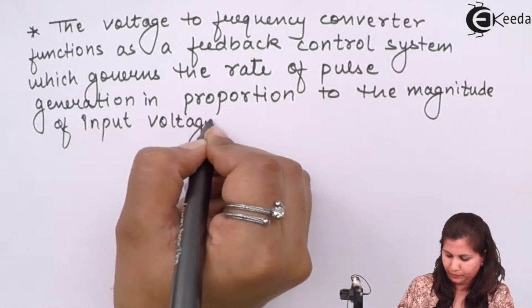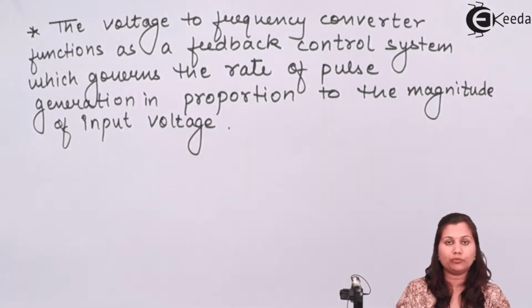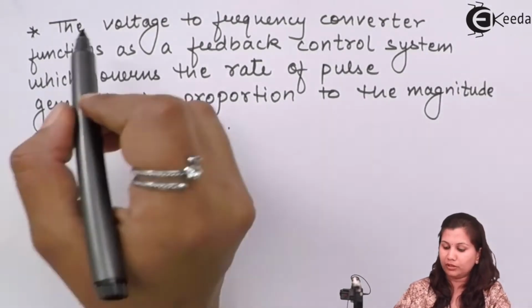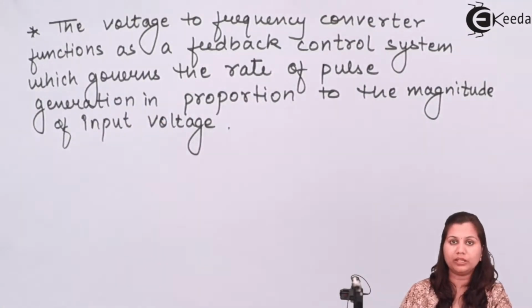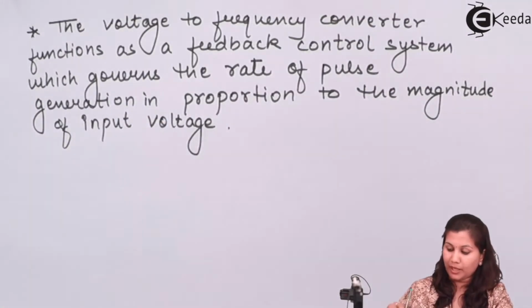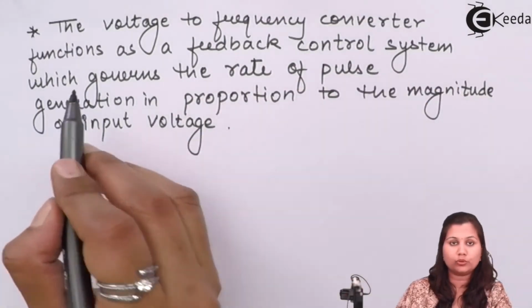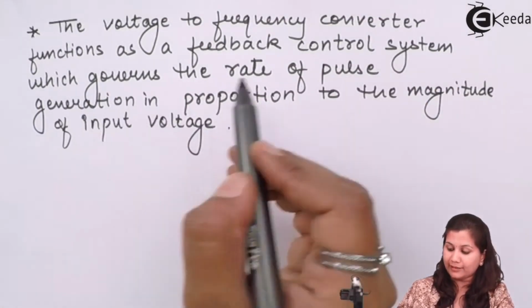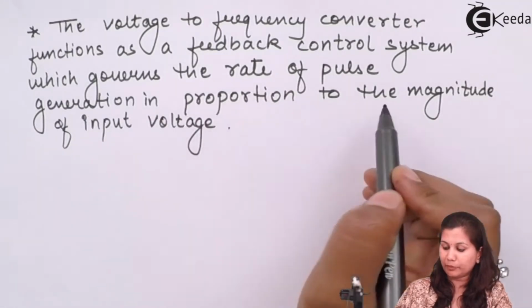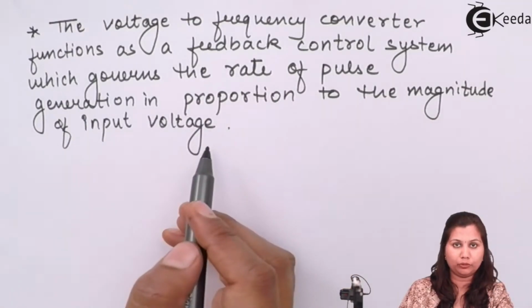For the voltage to frequency conversion, a converter is used, and this converter functions as a feedback control system, because it controls the rate of pulse generation, and that rate of pulse generation is in proportion to the magnitude of the input voltage.